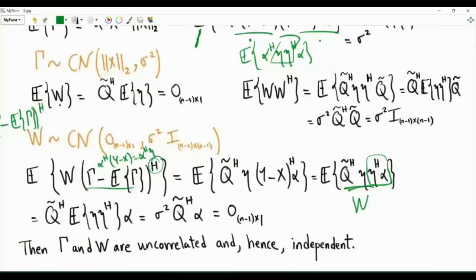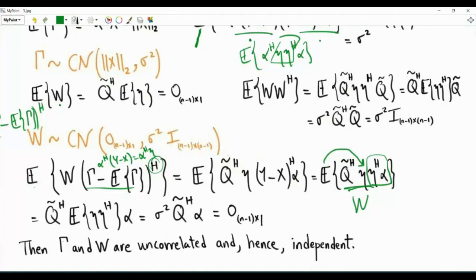Now we apply the expectation. The expectation is basically applicable to eta Hermitian. That's the covariance matrix of eta, which is sigma squared times identity. And so we end up with q tilde Hermitian alpha. Recall that on the previous page, we showed that q tilde Hermitian times vector alpha, or q tilde Hermitian times vector x, gives the all zero vector. So when we study the cross covariance of w and gamma, we obtain an all zero vector.